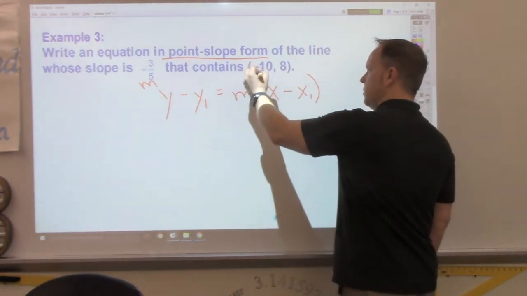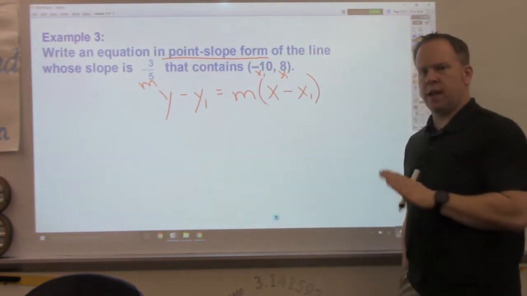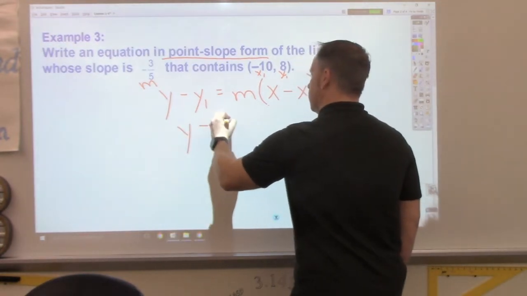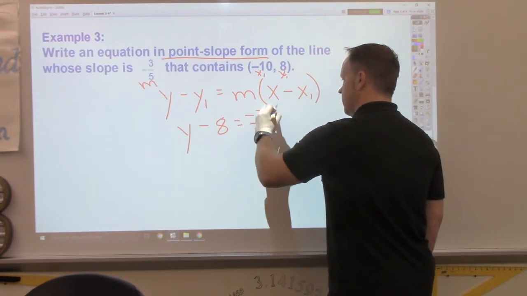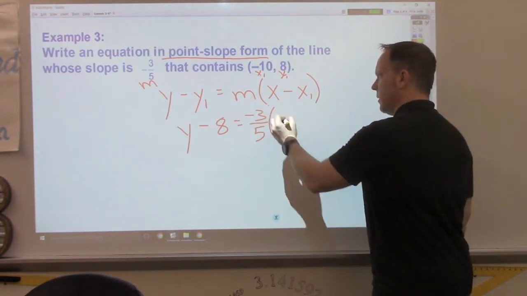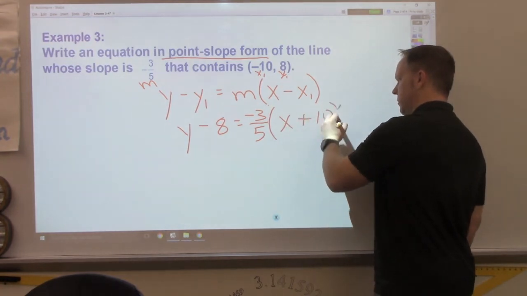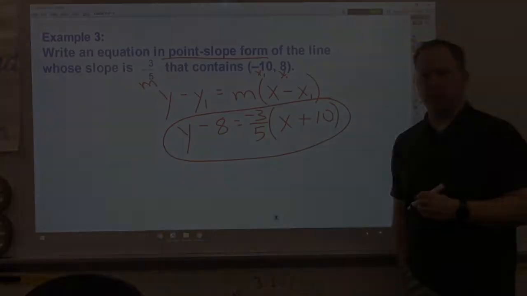Here is my x1, here is my y1. Plug those 3 numbers in and stop. Y minus 8 equals -3/5 times the quantity of x minus -10. That problem is now finished.